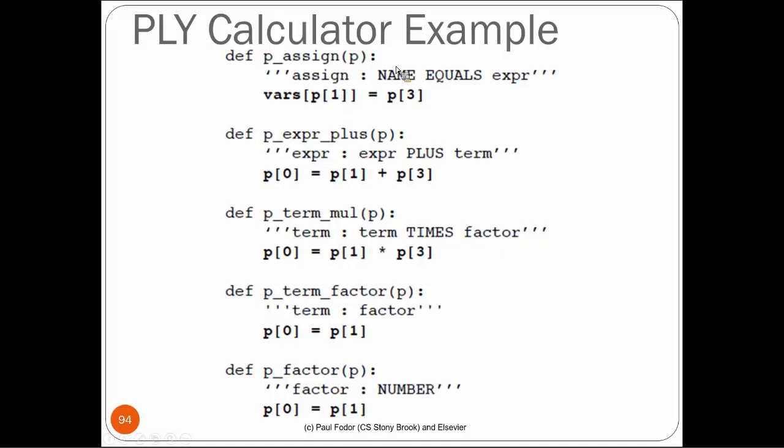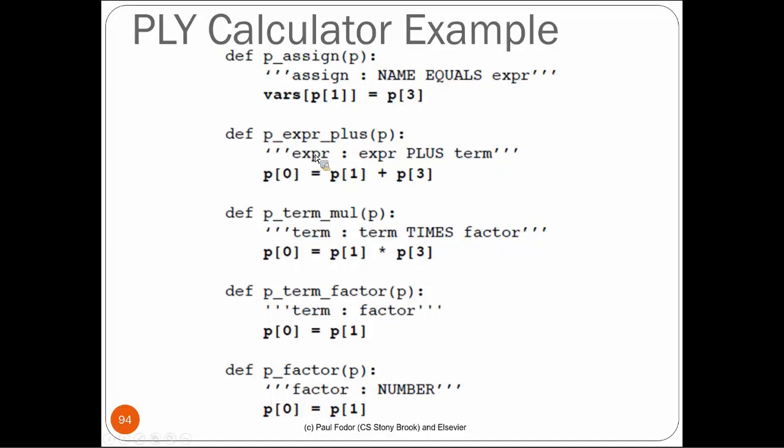So P of 1 is the name token. P of 3 is the expression non-terminal. Once we know P of 3, we can assign it as the value of the key, that is the name of that variable. Now, in the case of an expression, if we have an addition and we know the value of the first non-terminal expression on the right hand side, and we know the value of the term, which is P of 3, we can sum them and assign it to P of 0.